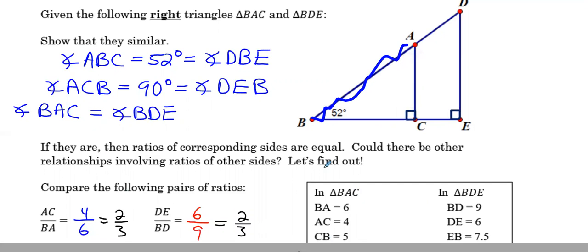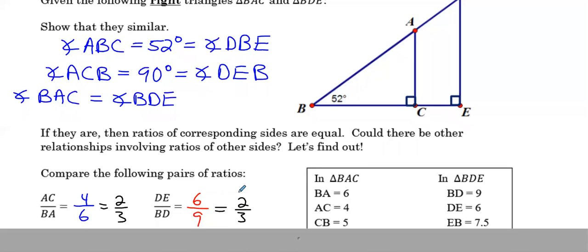We'll get to that name in a minute. And then if we compare the same kind of ratio, so the special side that's opposite 90 in triangle BDE, this one here, BD, and we compare it to DE. Now, how you compare them is important as well. You notice the numerator has the vertical line measurements, and then the denominator is the diagonal lines or the special lines that are opposite the 90 degrees, which we're going to remind you what the name of is in a moment. Okay, and once you compare these ratios, you notice they're exactly the same.